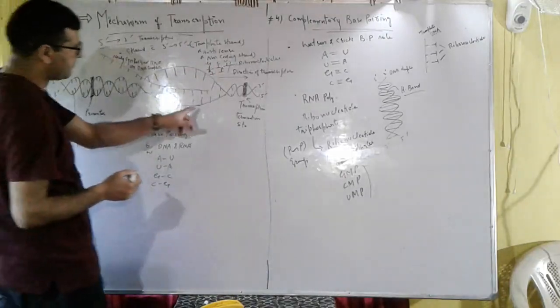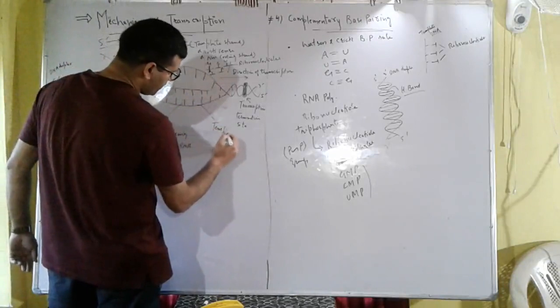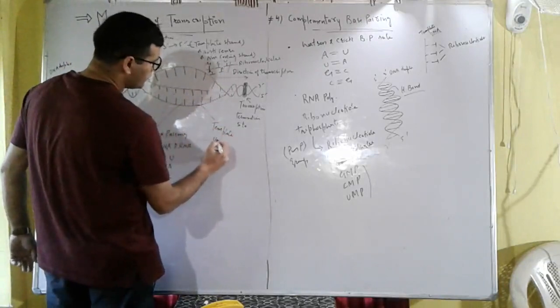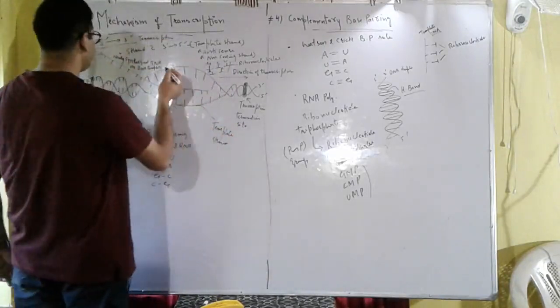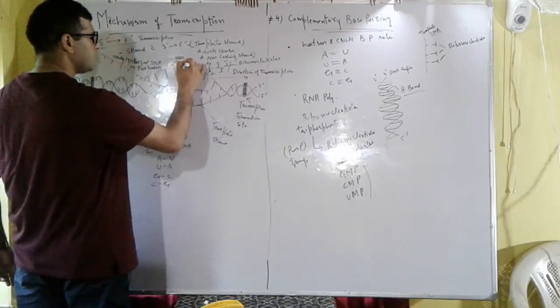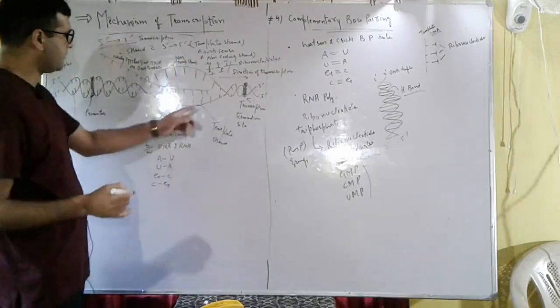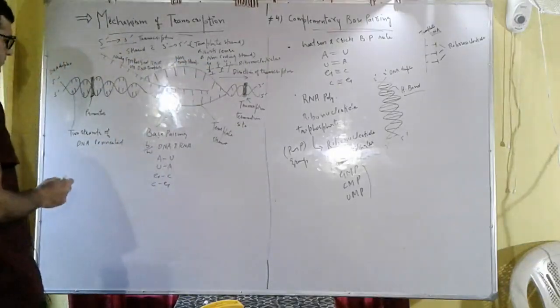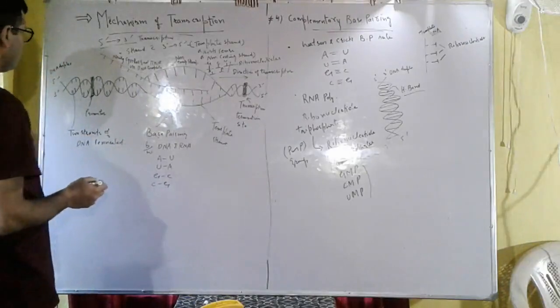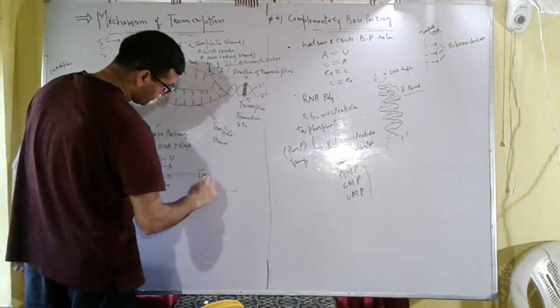So this is the template strand, and obviously this is the non-template strand. So we can say that this is the mechanism of transcription.